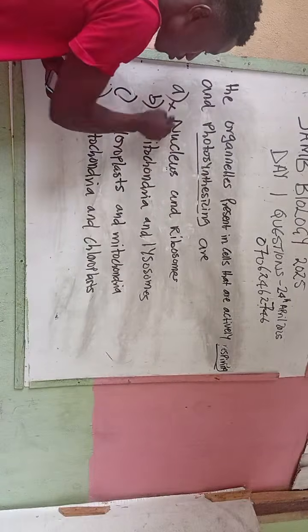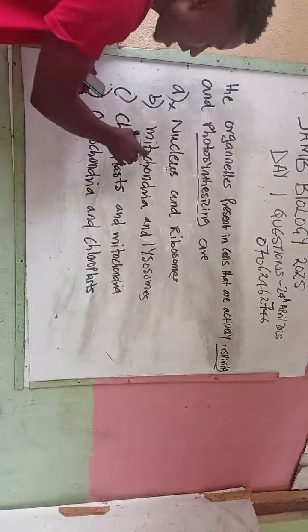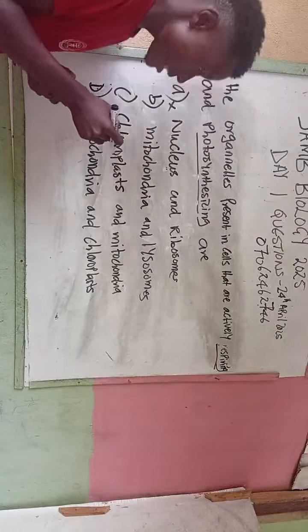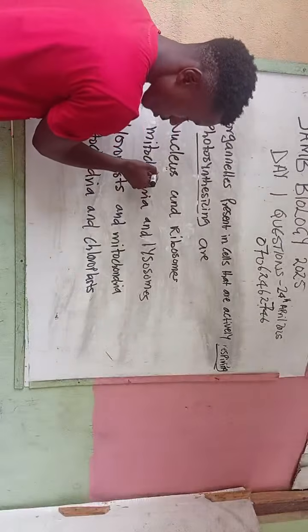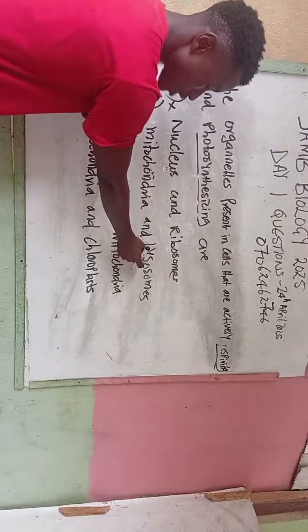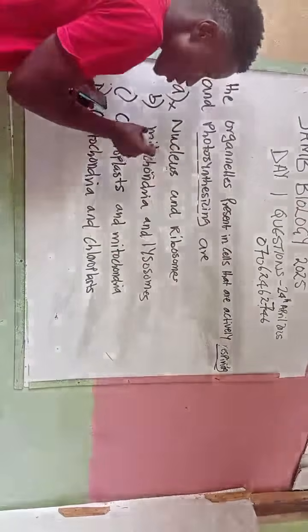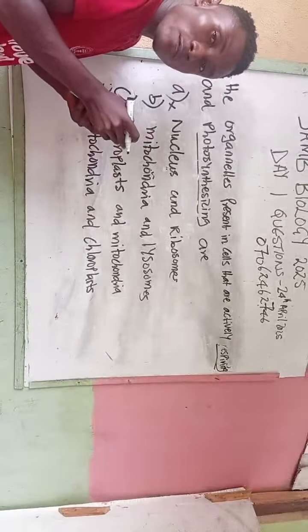So A is wrong. B, mitochondria and lysosomes. Is the mitochondria responsible for respiration, that is cellular respiration? Yes, the mitochondria is responsible for respiration. So this one is correct. Then lysosomes: is lysosomes responsible for photosynthesis? No. Lysosomes is responsible for the breakdown of dead cells.